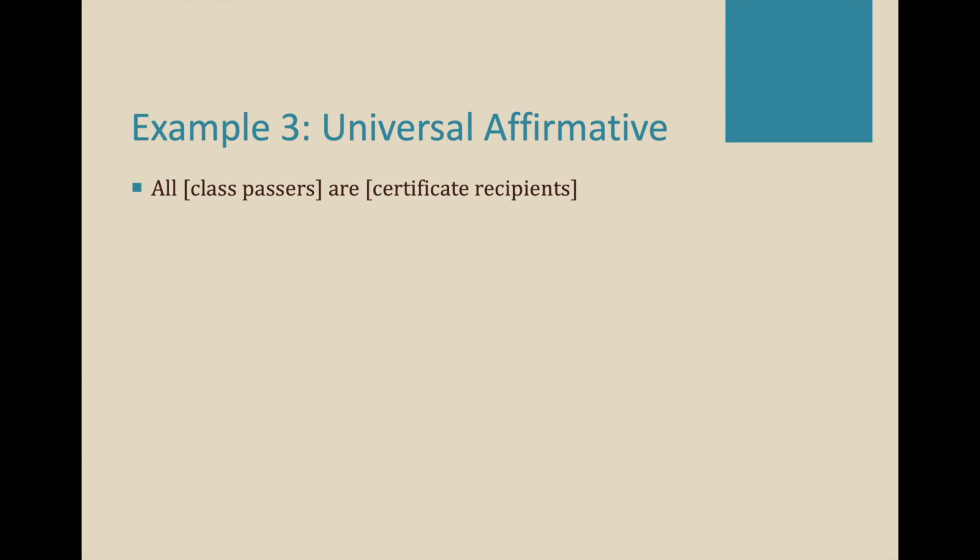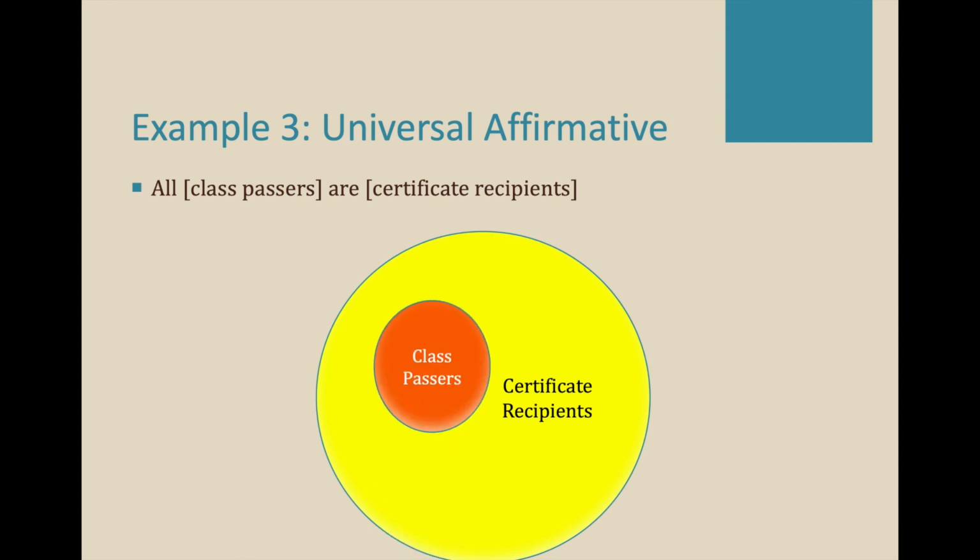This would be that natural language statement in standard logical form: subject term, predicate term, quality, and quantity. So here's how you would represent it visually. We have certificate recipients, and where do you predict the class passers will be? Fully inside the category of certificate recipients, because the statement tells us all class passers are certificate recipients.